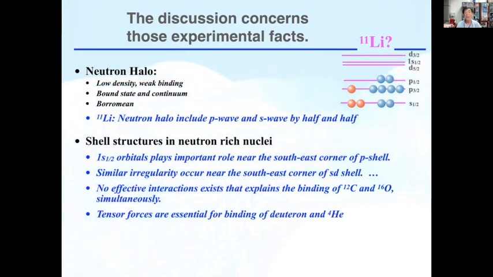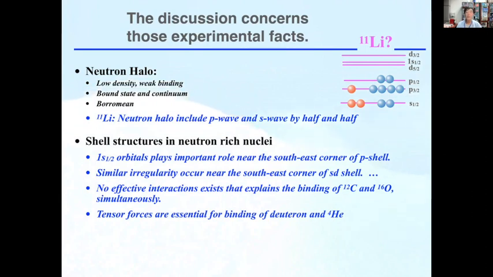And then another thing is the tensor force, which we know is an important force from pion exchange interaction. This is an essential interaction for making binding in the deuteron and helium-4. That we know from real ab initio calculation.